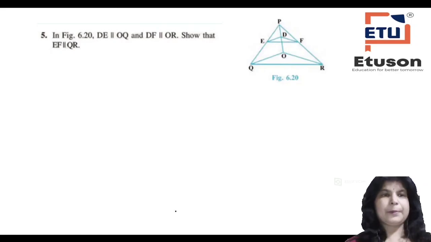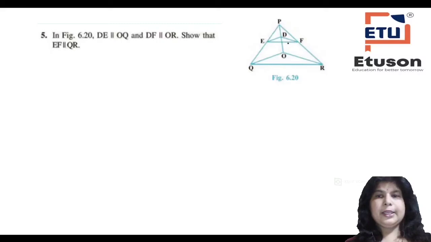Okay. So now let us go to the next question. Question number 5. In figure 6.20, DE is parallel to OQ, DF is parallel to OR, so prove that EF is parallel to QR. Okay. So now let us write down.